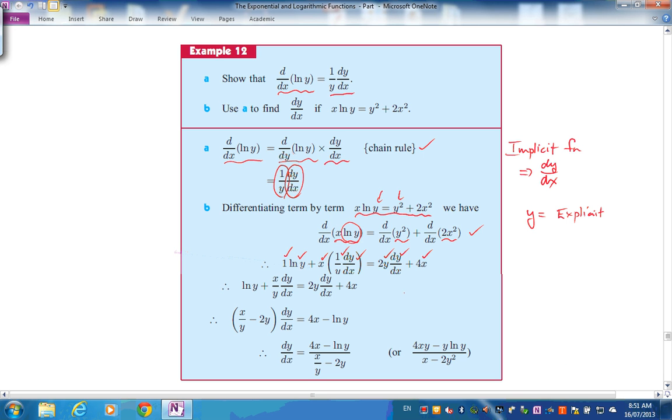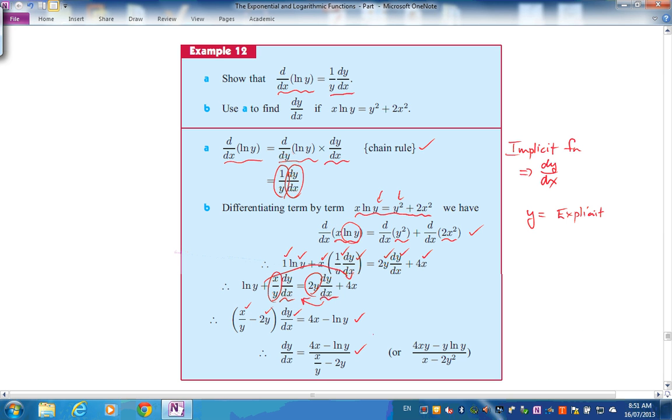Now what can we do? Same as before, we're going to collect up dy by dx's. So they've just simplified this a little there, and now bringing this across, we've got dy by dx and x on y, take 2y. That many, take that many dy by dx's, and moving ln y across the other side, 4x take ln y.